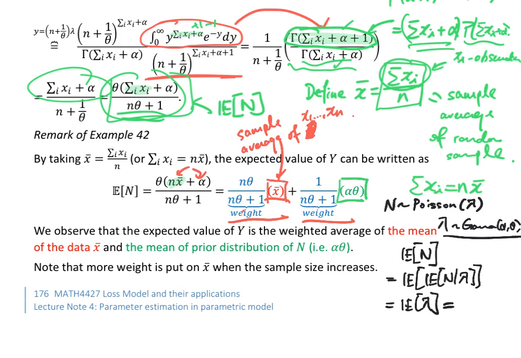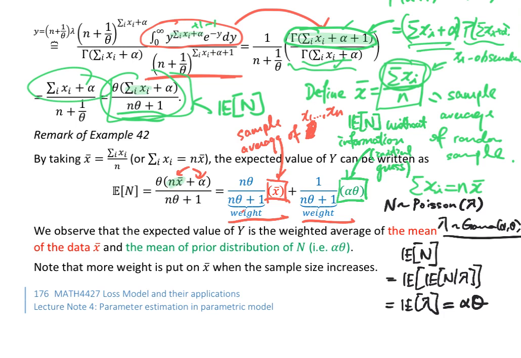So that means the mean equals alpha times theta. So this alpha times theta is just the expected value of n without any information updating. So you can regard it as your initial guess, based on your other information.